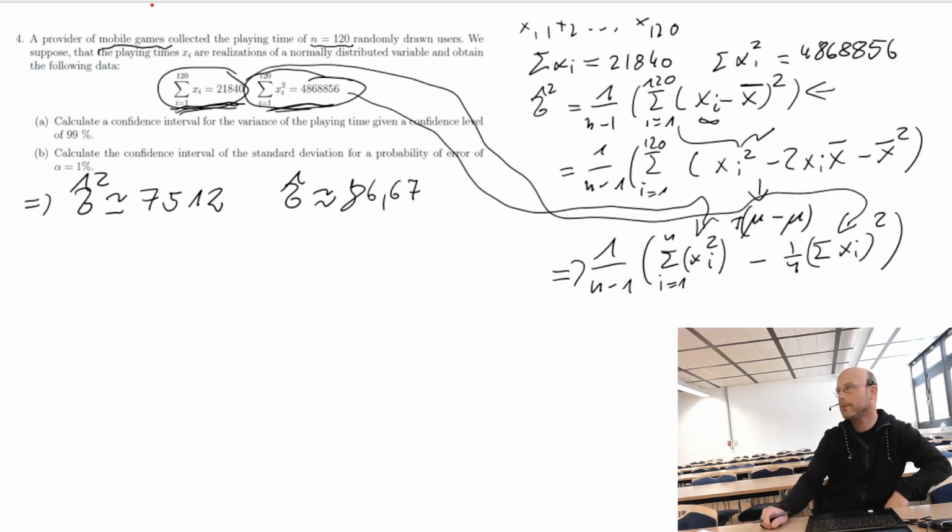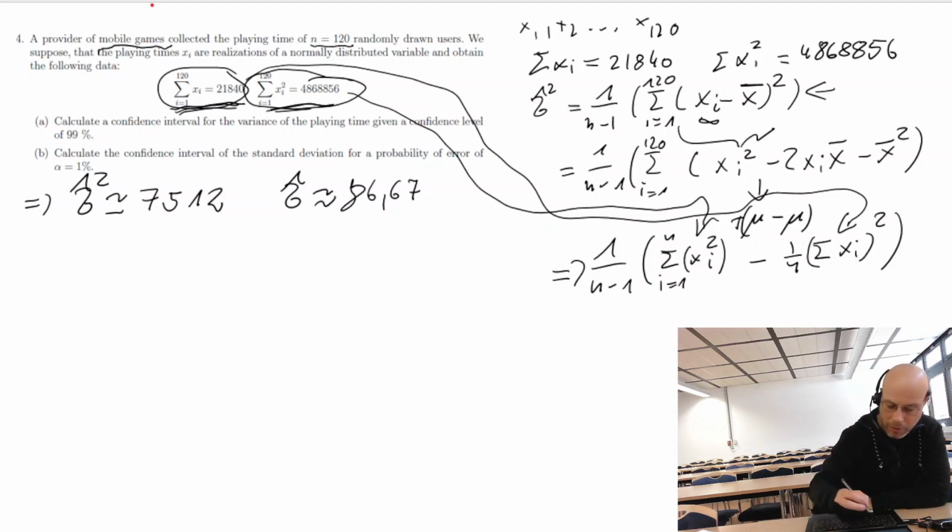The t-distribution and normal distribution are both symmetric with respect to the mean, or in the standard case with respect to 0, but the chi-squared distribution, which we need for the confidence interval of the variance, is not symmetric. So what we want to calculate is the following area in the following diagram.